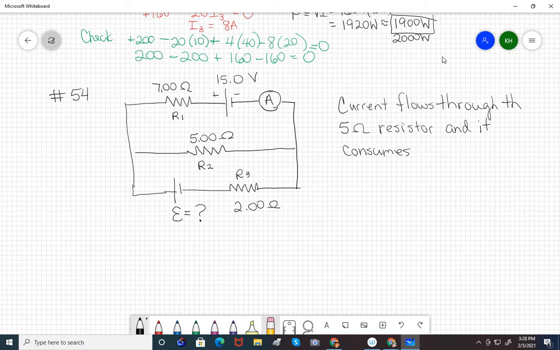That's what resistors do, at 20.0 watts. They want us to find the unknown EMF, and they want to know what the ammeter reading is.